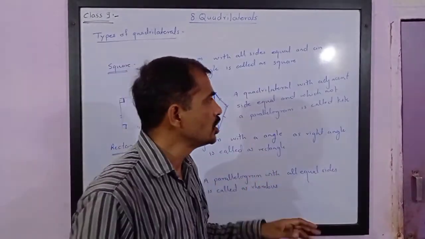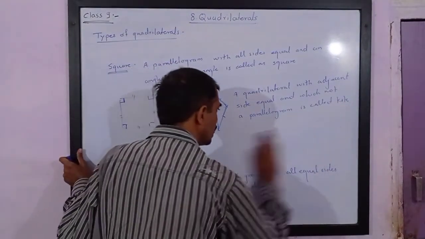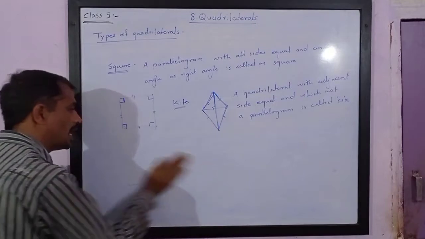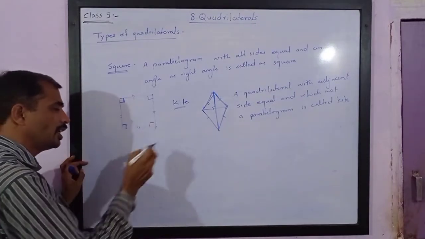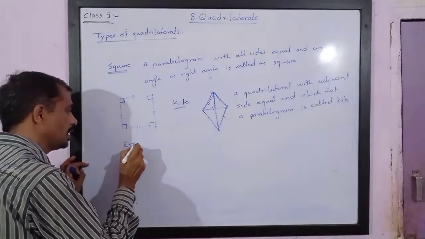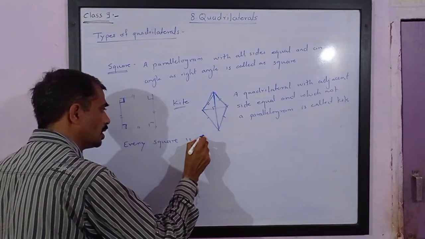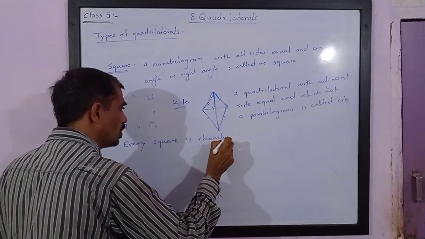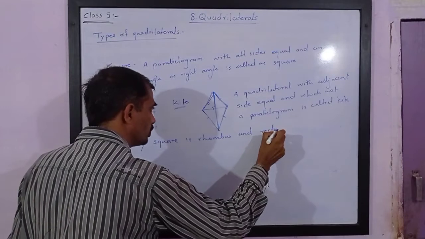Thus, from the definitions you will understand that every square is a rectangle as well as rhombus. So from their definitions we can say that every square is rhombus also and rectangle also.